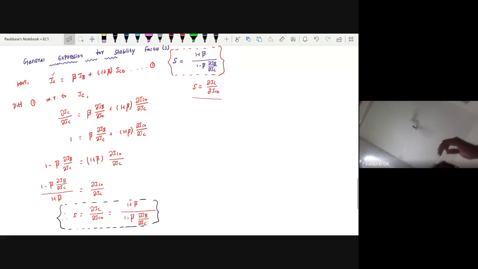Have you taken? You know the fundamental equation, okay? This equation you know. Simply what I did was differentiate the above equation with respect to IC. Then after simple manipulation, you end up with this one, right?